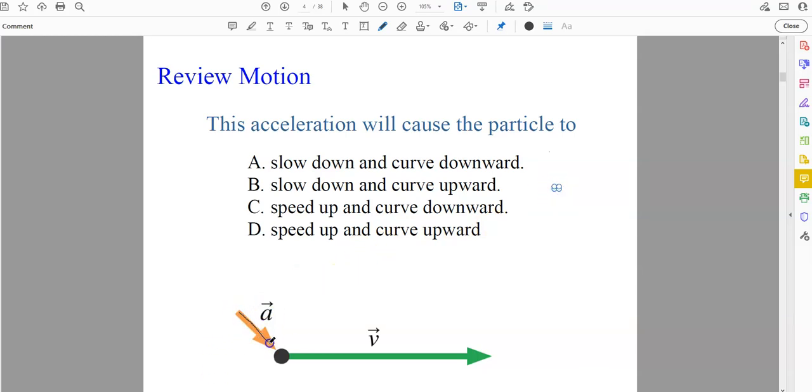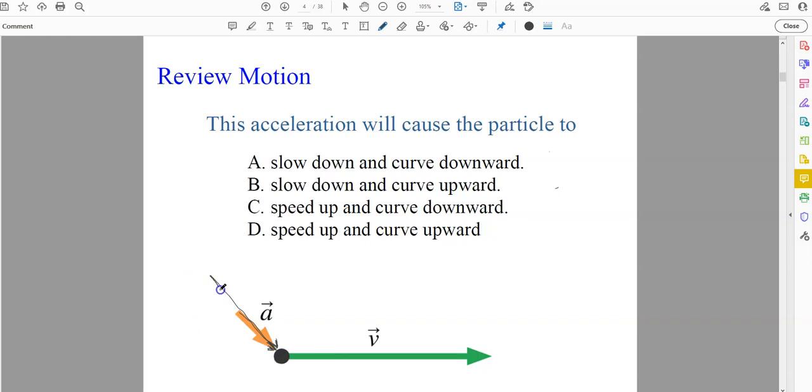So this acceleration vector looks like it's pointing down and to the right. So I'm going to split it up into those components. In fact, I'm going to extend this out so it'll make this vector really easy to draw. So that's the vector head. So I've got to split this diagonal into its x and y components.